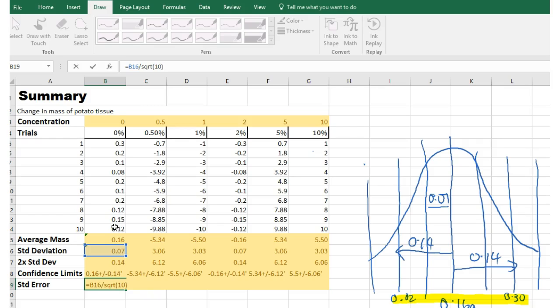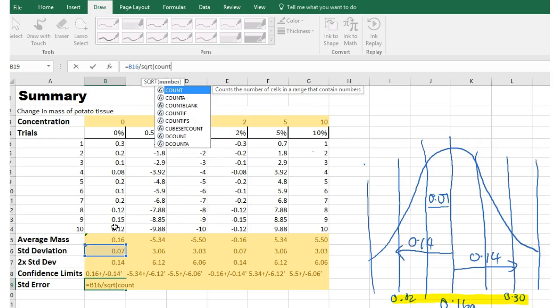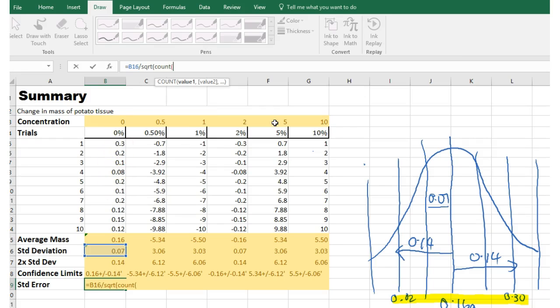If I wanted to calculate it by counting them up, all I do is, instead of that, in my brackets I go count up how many numbers I have, open brackets, in this section here. How many numbers do I have? 10. It'll still come back with 10. Put in 2 brackets to finish it off and go enter.